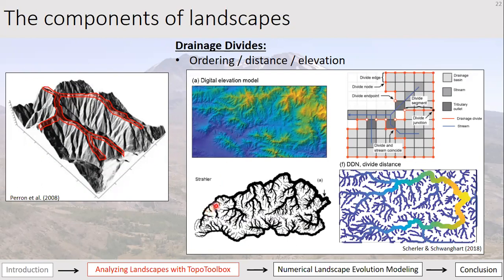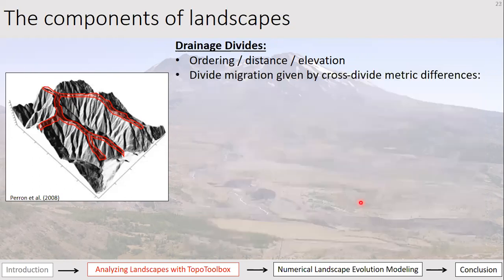And this way, you can generate a Strahler ordering of the divide network, as well as calculating the divide distance from the highest topography, and then run any kind of analysis to understand how these divides might relate to various other metrics.